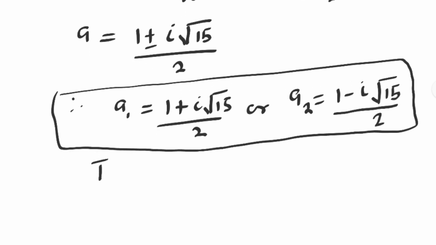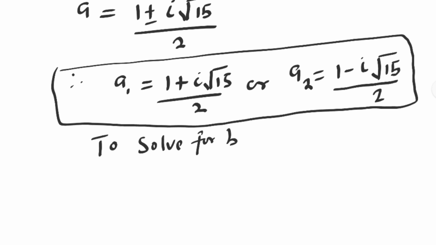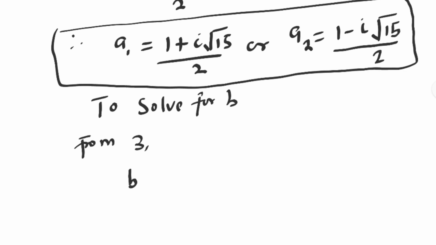To solve for B, from equation 3, B is equal to 1 minus A. This is equation 3.